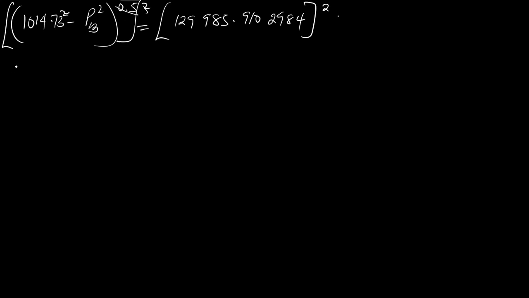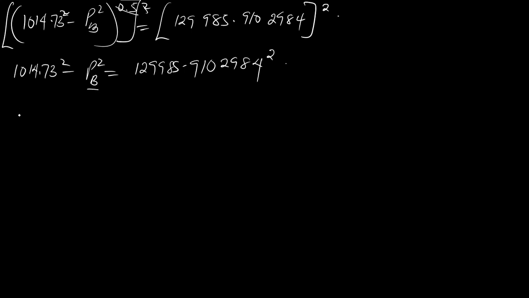You now have 114.73 square minus P at B square equal to 129,855.9102984 square.